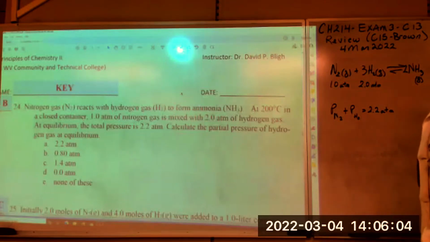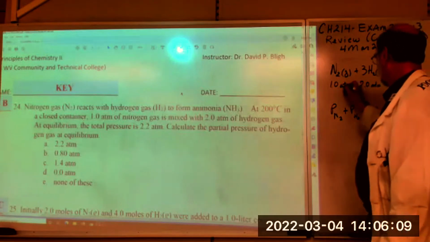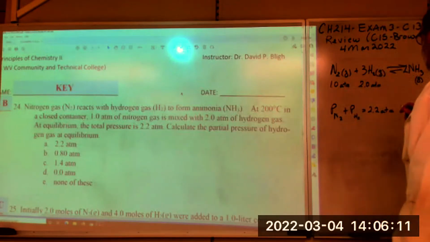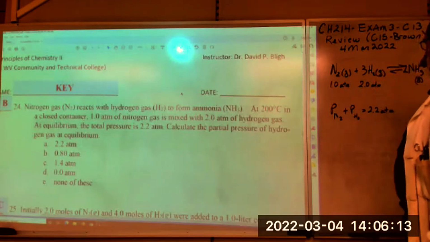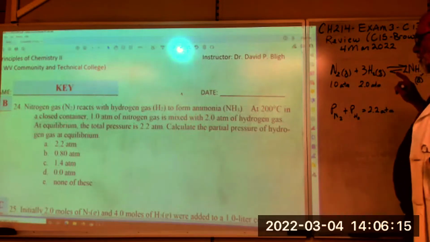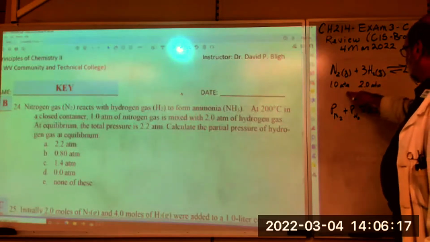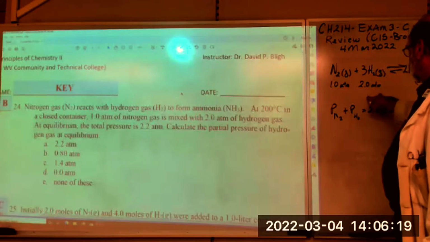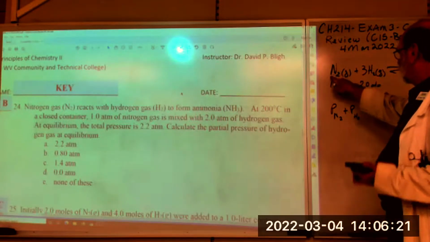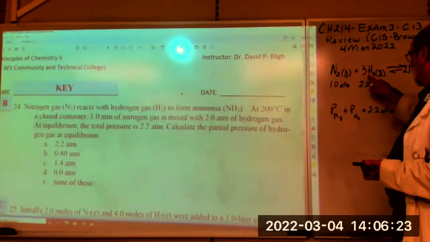Okay. Notice, I think I'm on the right track here. Notice that when these react, for every 1 nitrogen, you're using 3 hydrogens.